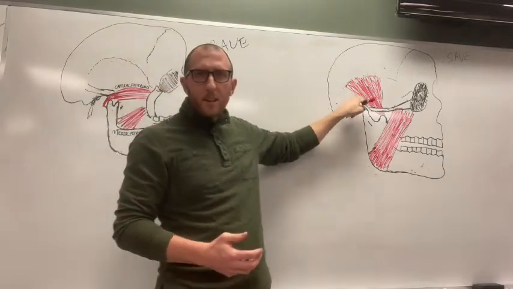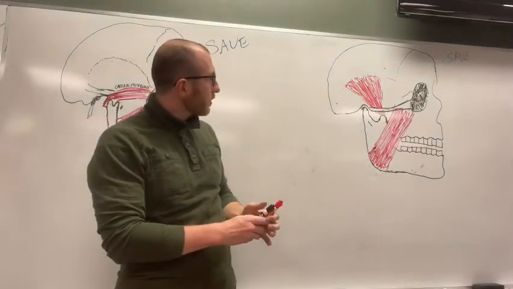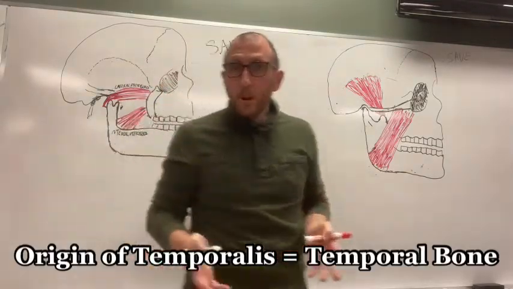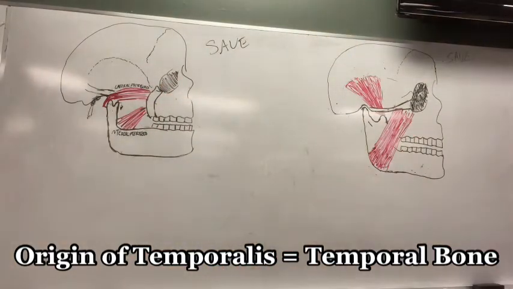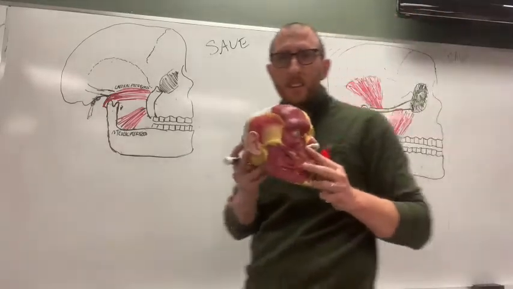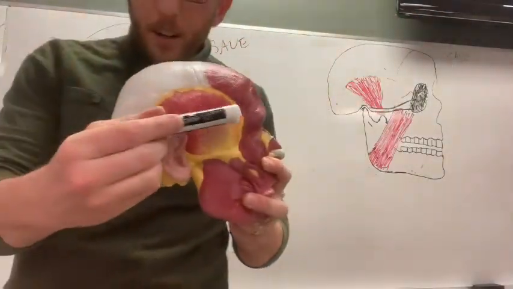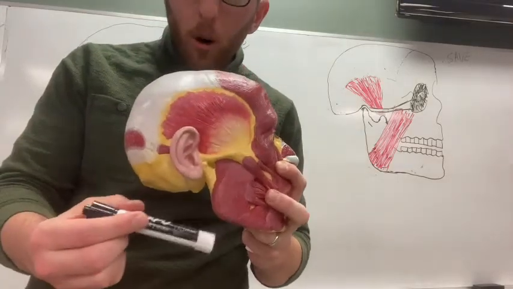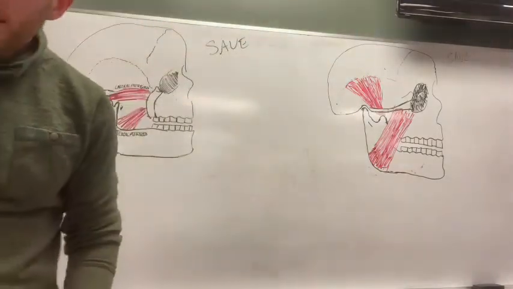So something like the temporalis, if you look up here, the origin would be the temporal bone. And if I bring this back in, right up here would be the origin. The mandible would be the insertion.